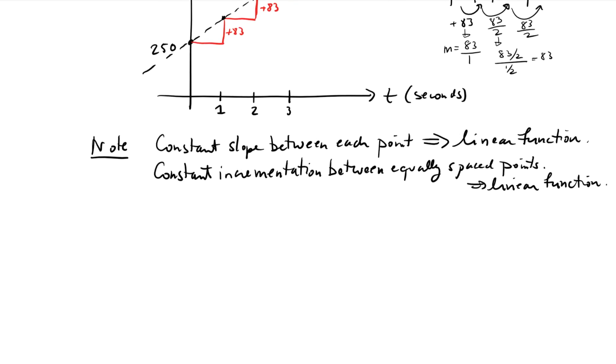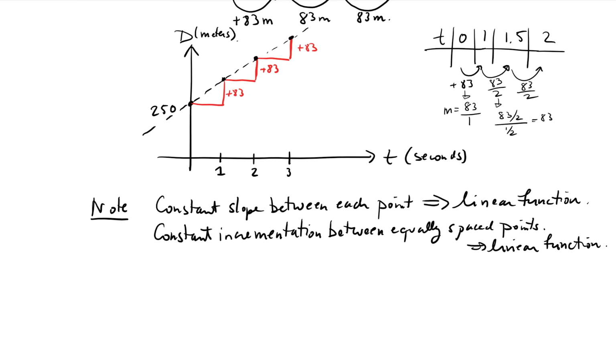So what's the equation of our line? By finding that, we're going to find what our function d is. So here the slope is clearly 83. The y-intercept is clearly 250.